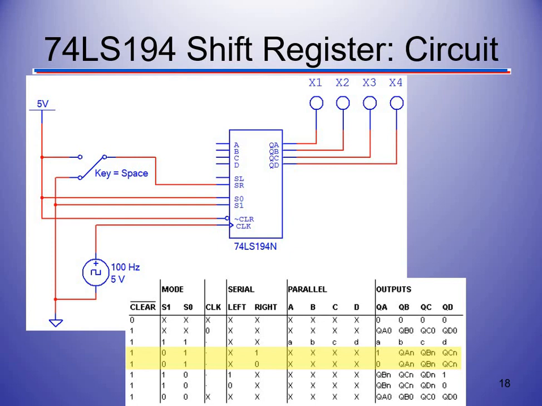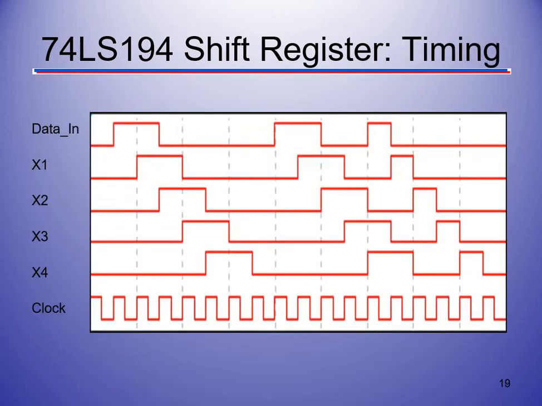X1 is our MSB, X4 is our LSB. That's the one that's going to be changing. Everything's kind of switched opposite here when you do these. So as it goes through, this will make a lot more sense, guys, in class when we actually make the lab and you run through this.